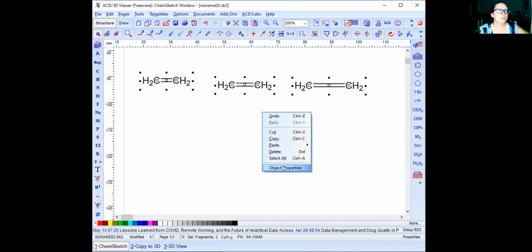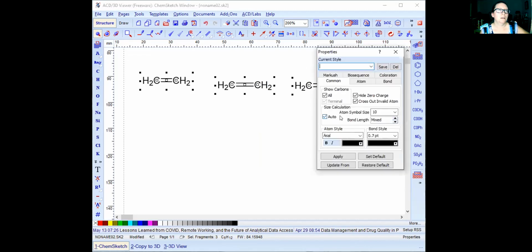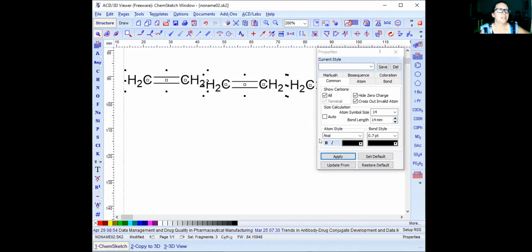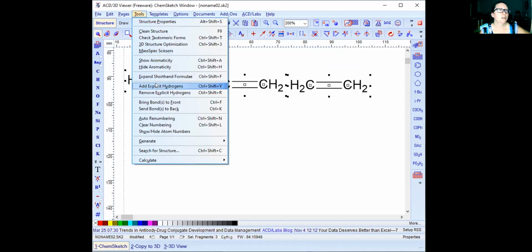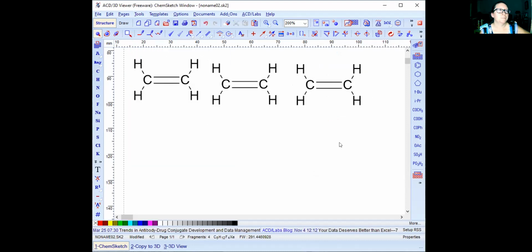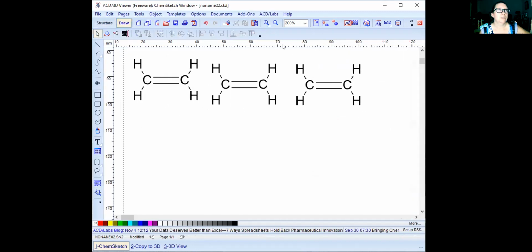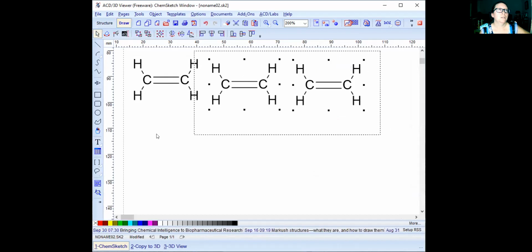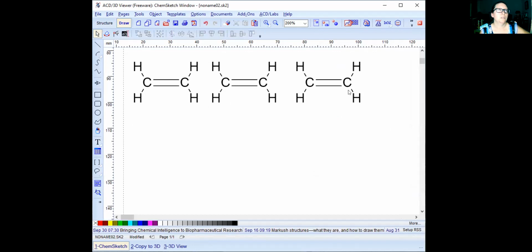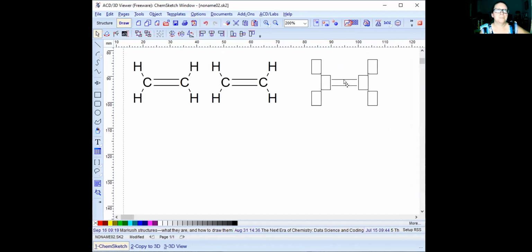I'm going to make sure that the atoms and bond lengths are all the same. And I'm going to show all of the hydrogens like that. So now we have 3 molecules, they're all the same. And I'm going to make sure that they're all lined up to make it nicer to look at.